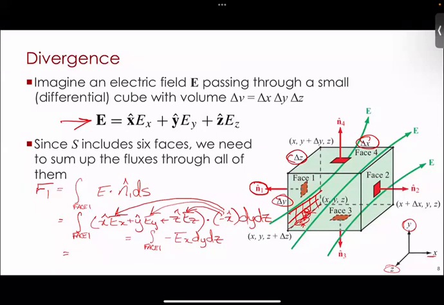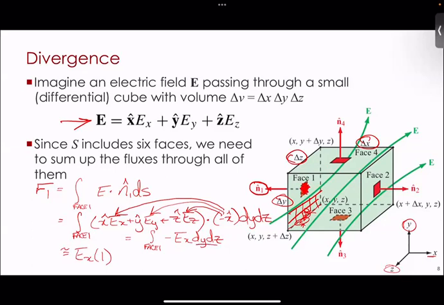If it doesn't vary that much, then we can treat it as a constant and bring it outside the integral. We approximate it as whatever the value of Ex is at the center, so approximately Ex at 1, the value of the electric field in the x direction right at the center of face 1.